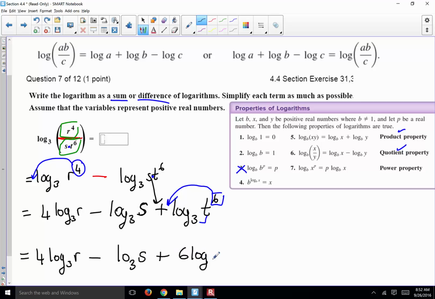Alright, I have a mistake somewhere. Let's see who's gonna catch it. Oh, yeah. That's my poor spelling. That's log. Other than that, a mathematical mistake.